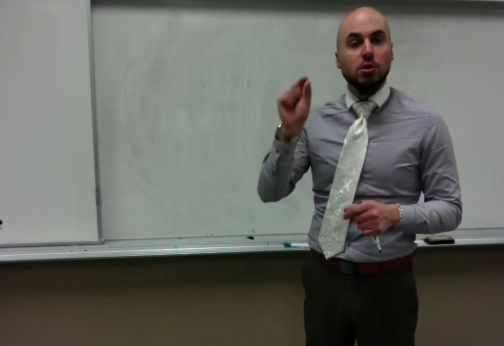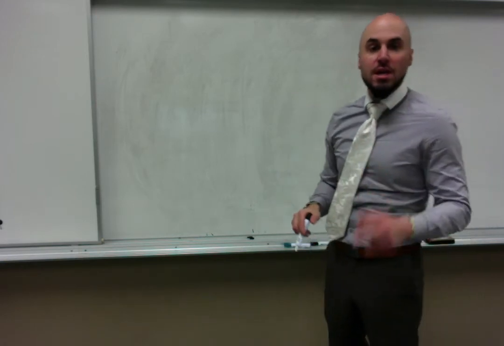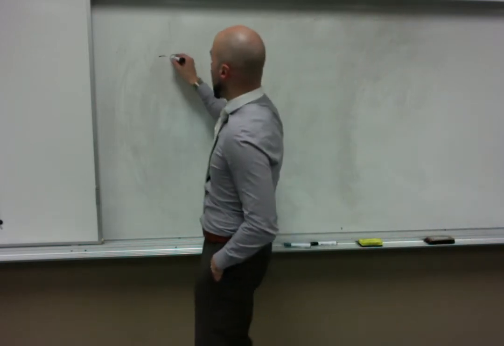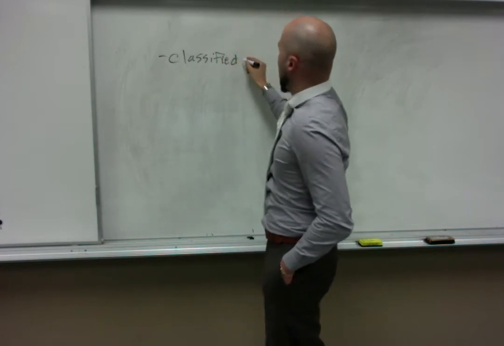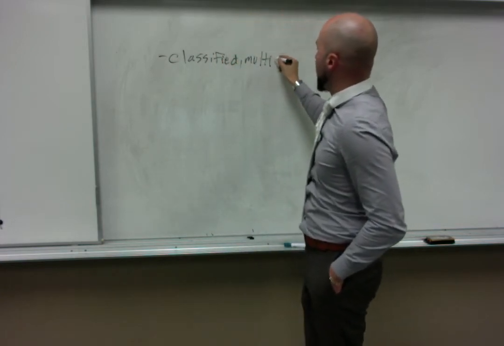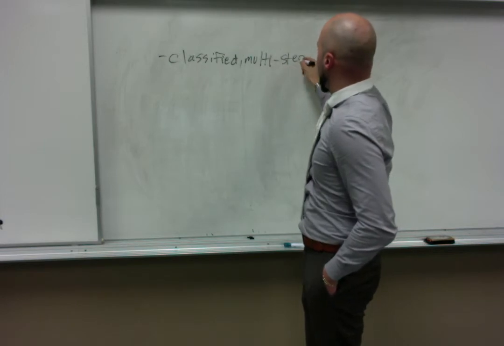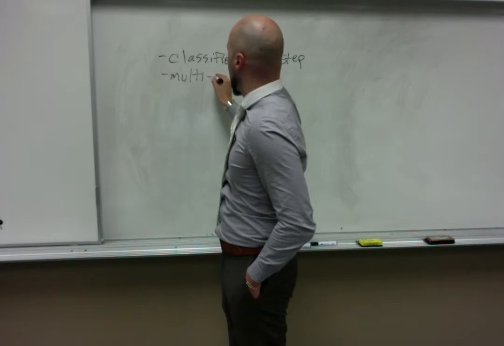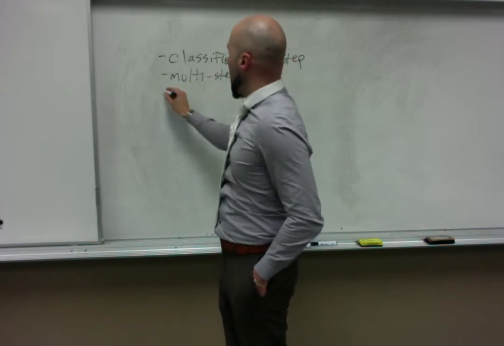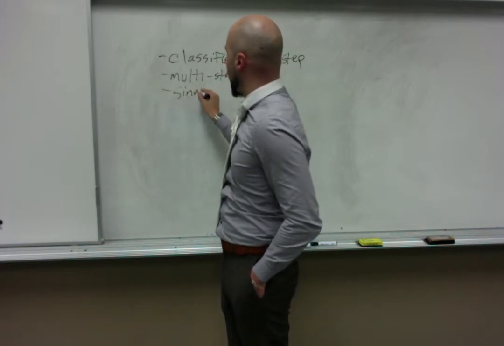But again, this chapter, income statement, and we have three types. So you have a classified, multi-step, then you have a multi-step, and then you have a single step.